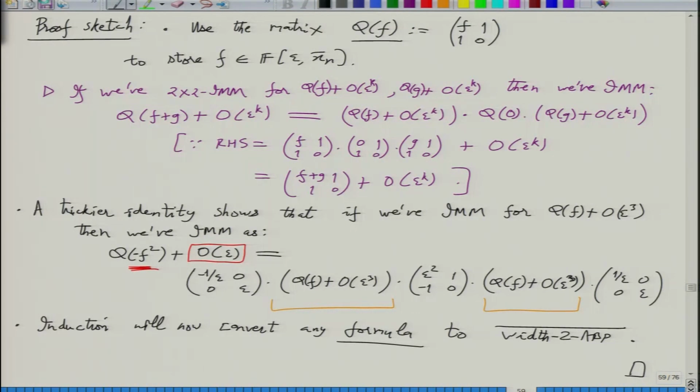Okay, so that's it. So what you now know is, to reiterate, formula closure equals width 2 ABP closure, though formula is not.